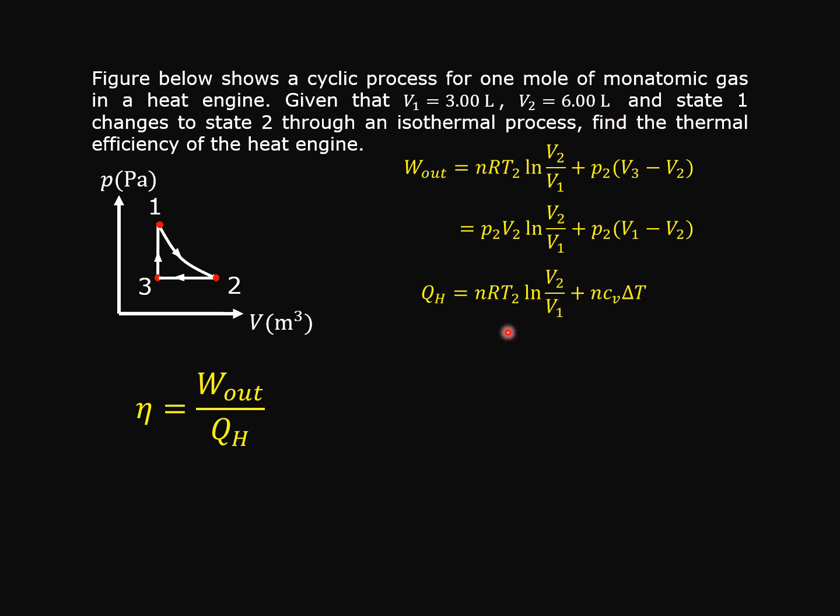We try to find out the QH now. QH is contributed by the positive Q in these three processes. Based on our analysis, this QH is contributed by the Q in the process of 1 to 2 and also the process of 3 to 1.